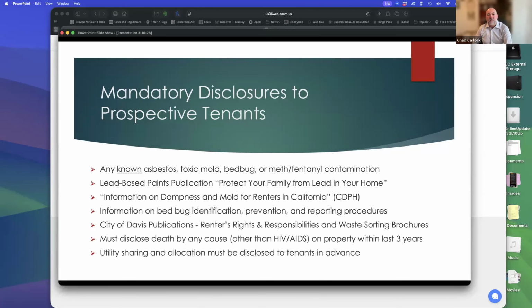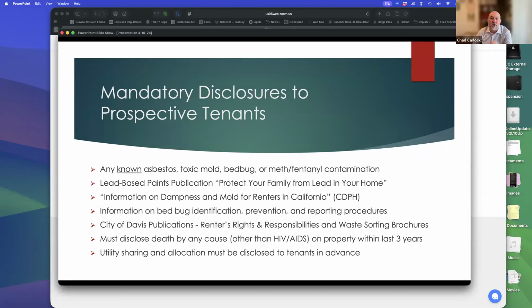Again, in the process of screening, one of the things that you need to do is make all your required disclosures to your prospective tenants. There are several legal requirements of circumstances, if they are present in the housing at the time that the person is applying and you'll be renting to them, you need to disclose.